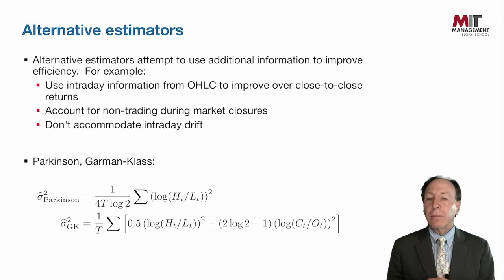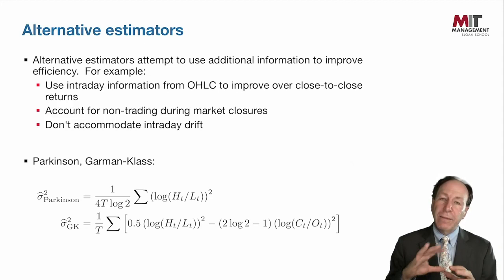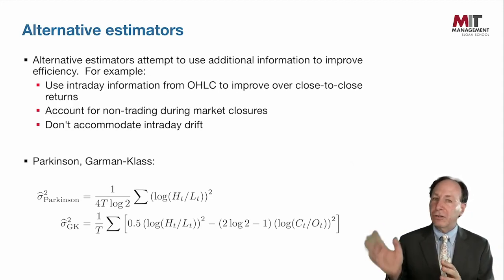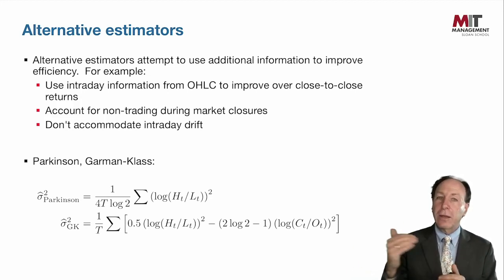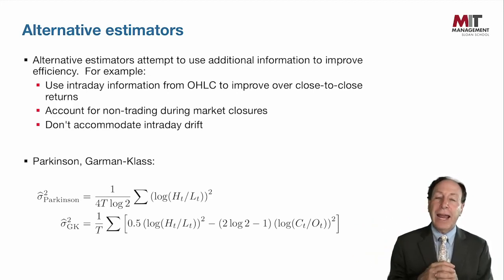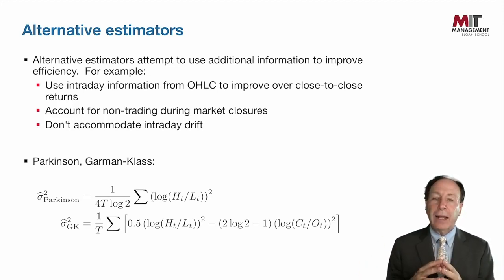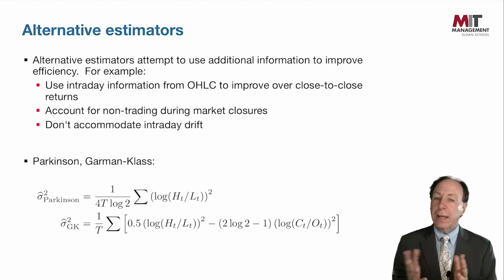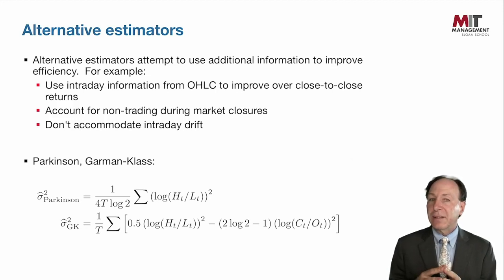A couple of them, like the Parkinson and Garman-Klass estimators, take into account additional information that interpolates between the discrete observations that are usually made for computing returns from the close of one market day to the next, including where the price achieved a high or a low during the day, intraday, and whether we take into account the open, close, high and low during the day. That additional information can be helpful. So ultimately, these are modeling choices we need to make, but the starting point usually is the traditional estimator that we looked at before.